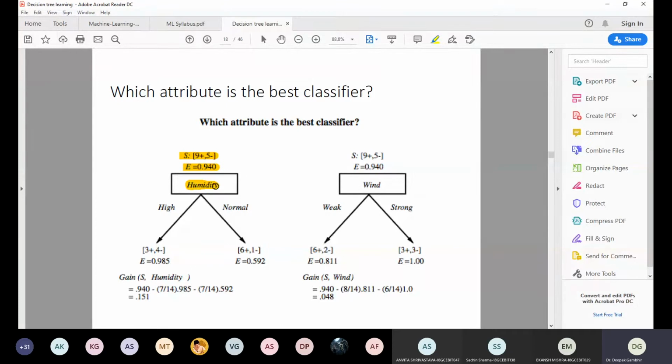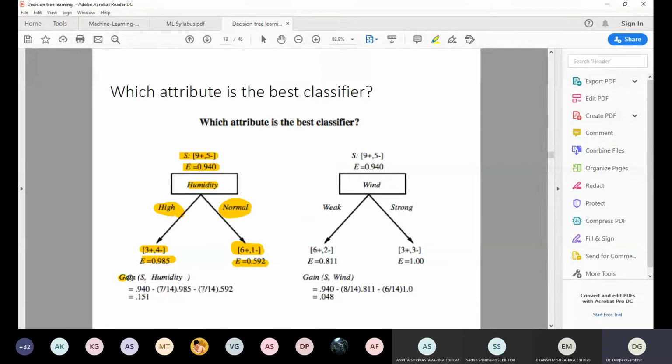Humidity is an attribute having two values, high and normal. If that is divided into 3 positive and 4 negative in the case of high, and when humidity is normal it comes out to be 6 and 1, the entropy of each of them is 0.985 and 0.592.